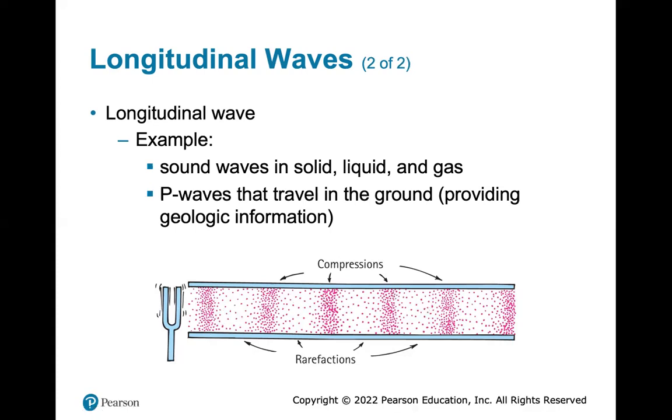This is like a resonance tube. You can think of a flute or a pipe organ. We would set up these resonance tubes in the lab, and you would get these kinds of groupings.